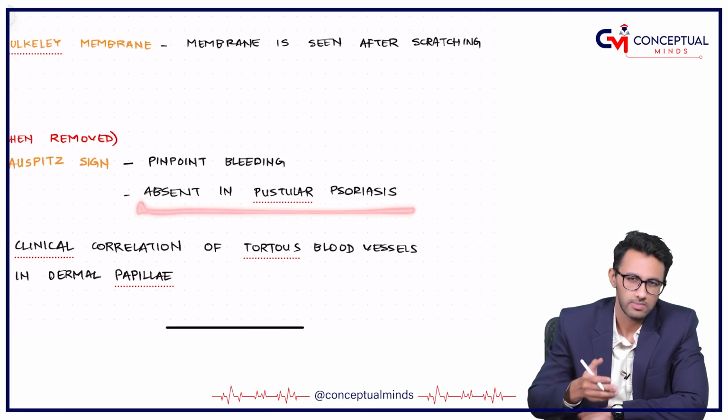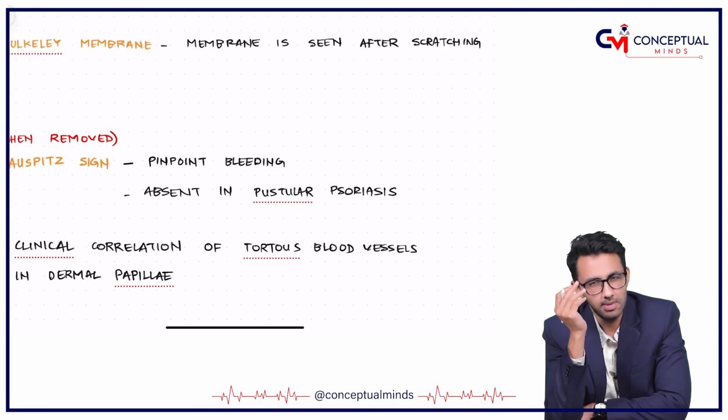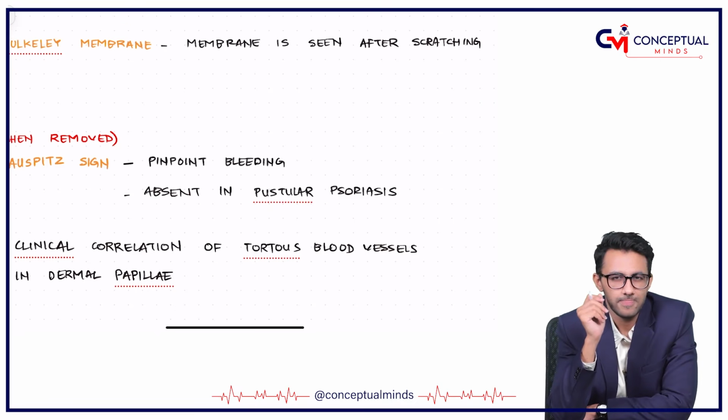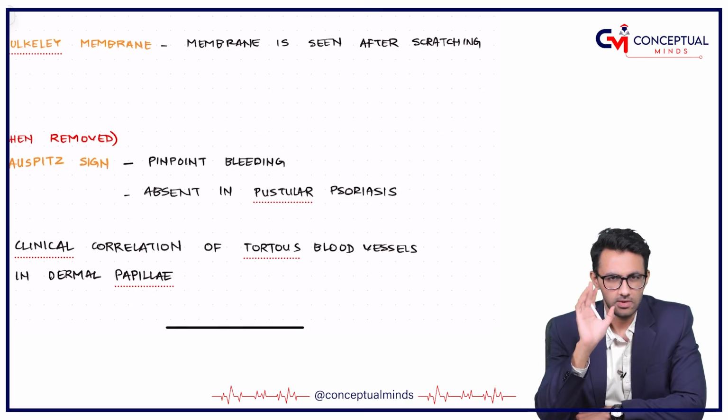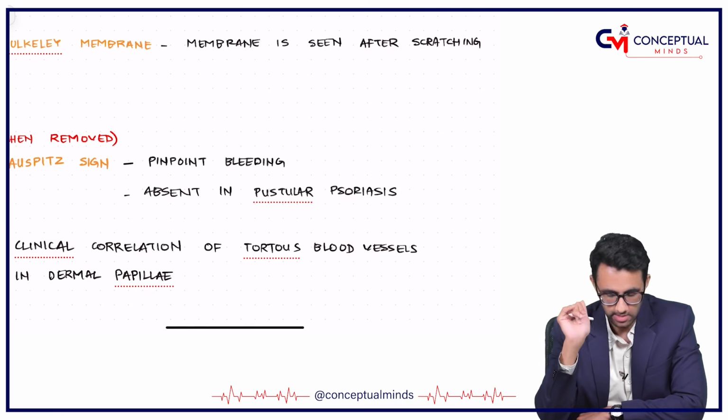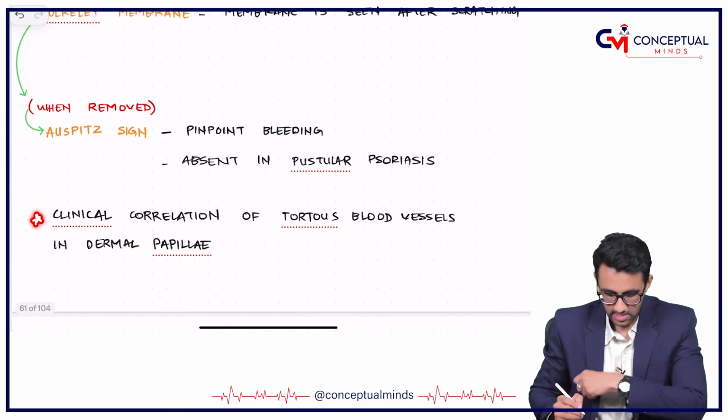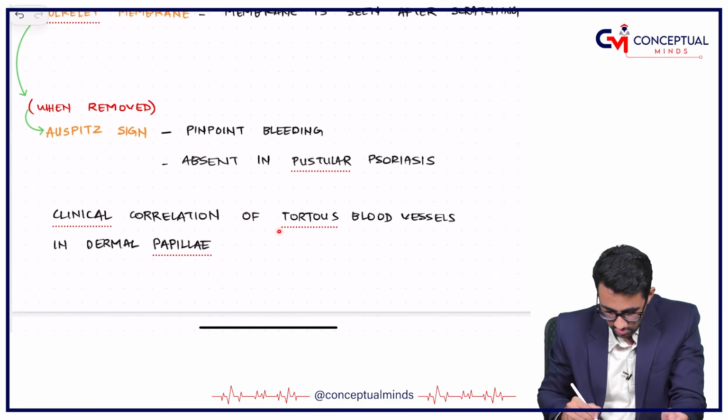In pustular psoriasis, we had two types. What were the two types? Localized and generalized. Those two things we have to remember. Why do we see this? It is because of these blood vessels.